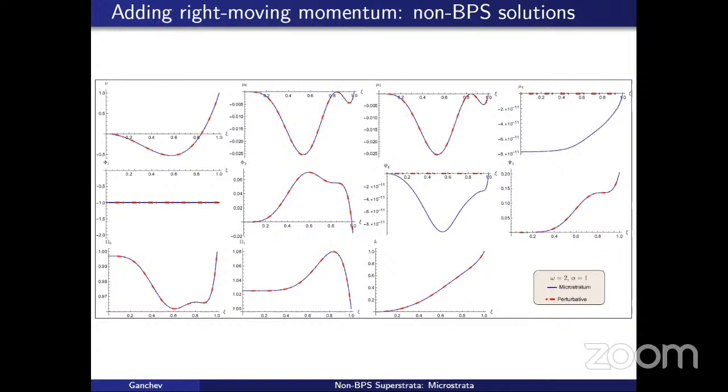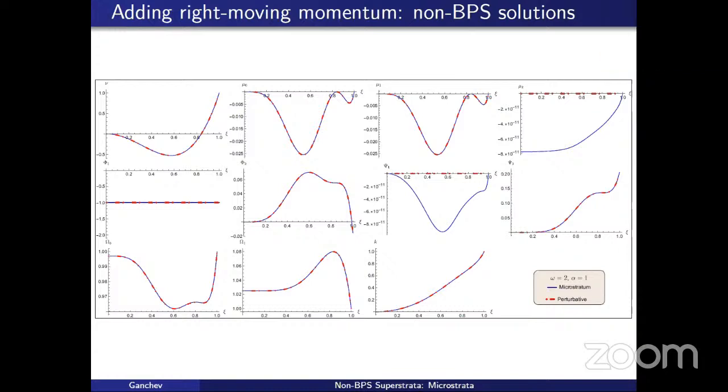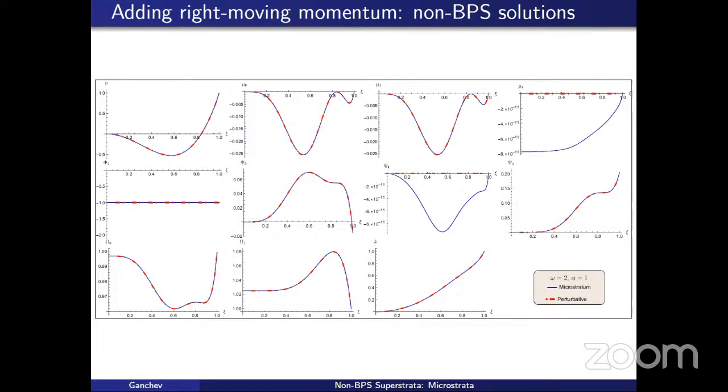Can you make some qualitative statement as you start piling on, with little n bigger, sort of piling more mass without adding momentum? I don't think we have reached any high n. You can imagine the geometry getting more compact and deeper because you're adding more energy, but not supporting it with angular momentum.